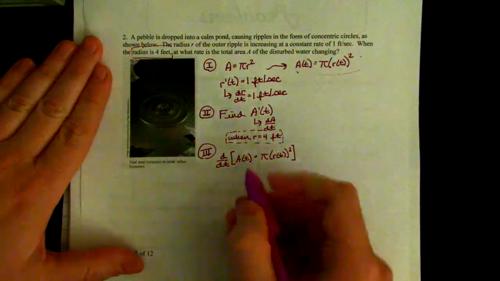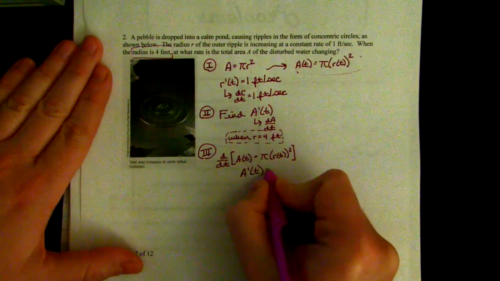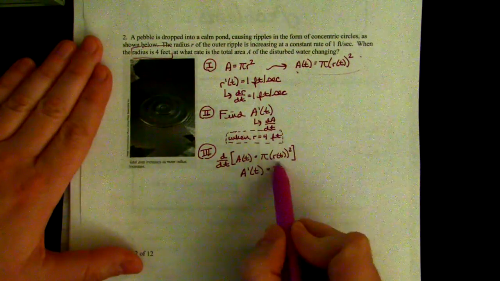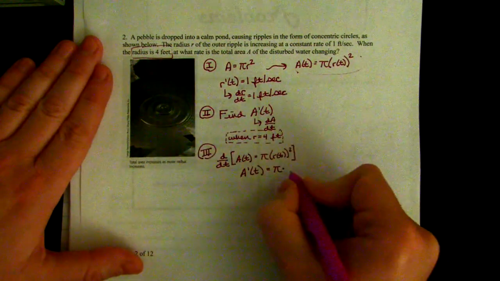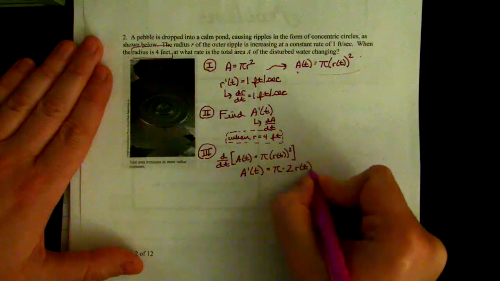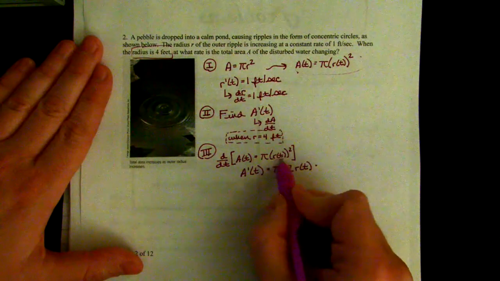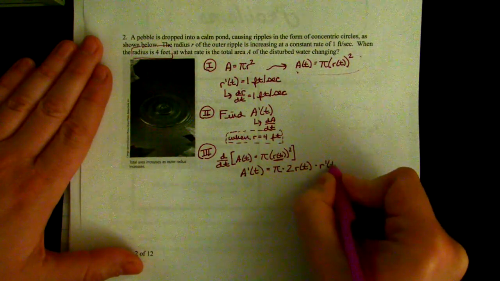The derivative of A of t is A prime of t. On the other side, I have pi times the derivative of r of t squared. That's going to require me to use the chain rule. This is going to be 2 times r of t times the derivative of the inside, and the derivative of r of t is r prime of t.